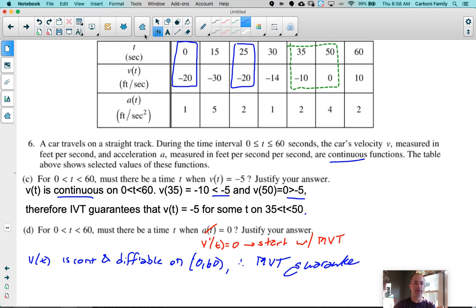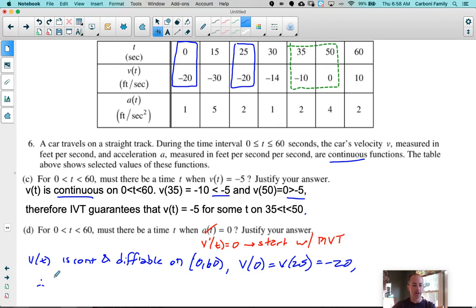Oh, wait. You know what? I'm going to go a little bit different because I'm not using 0 and 60. I'm using 0 and 25. So I'm going to say that V of 0 is equal to V of 25, and they both equal -20.